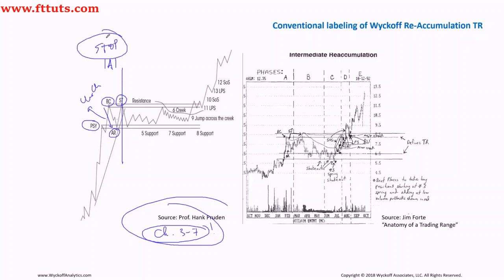What are we stopping? We're stopping the uptrend from further movement up. This change of character, phase A, defined the non-trending environment, the trading range.